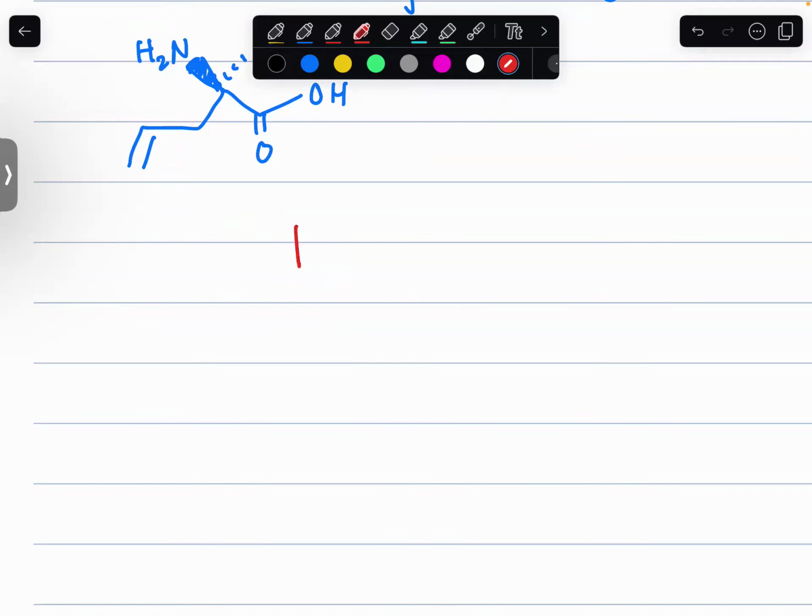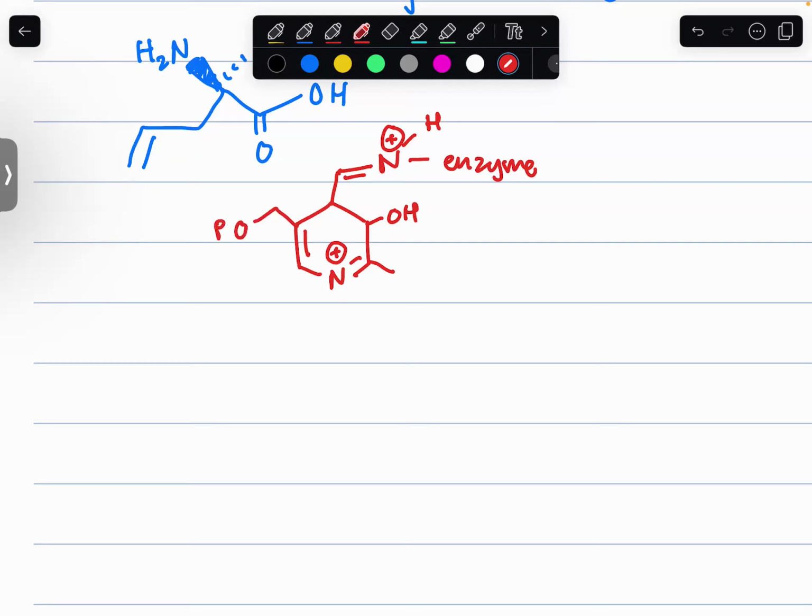So when we draw it out, we have this N that's connected to an enzyme. I would say be able to recognize it, but I don't think that you need to memorize it.